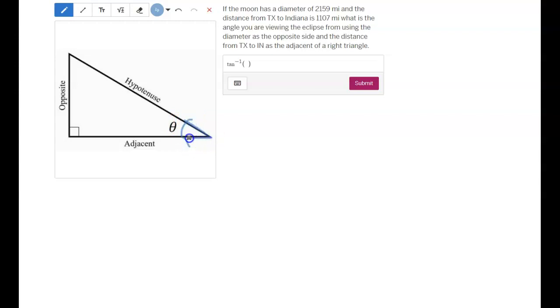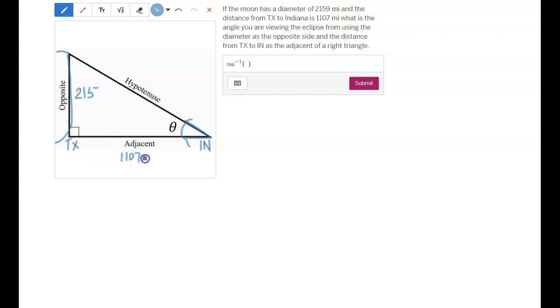So this is your observation. Notice that the diameter of the moon, so if the moon was right here, the diameter of the moon is 2,159. And then the distance from Texas to Indiana, where you're going to be viewing it from, probably, is 1,107.